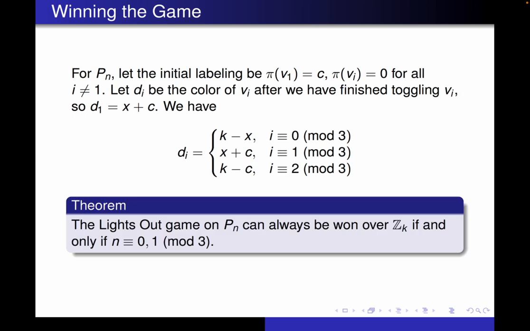Which says that the lights out game on the path graph Pn can always be won over Z_k precisely when n is congruent to 0 or 1 mod 3. Not 2 mod 3, because that one is out of our hands. So that's one way of using the button pushing method to give us a theorem.